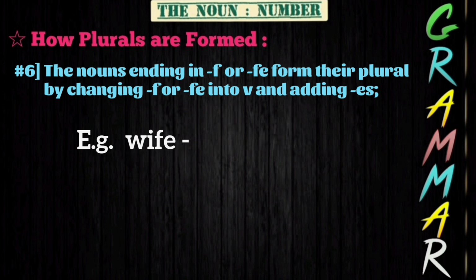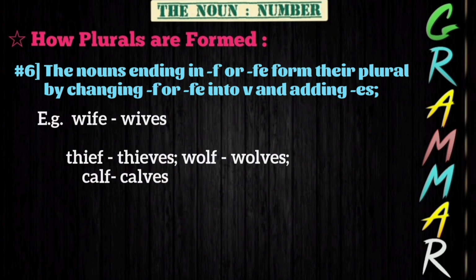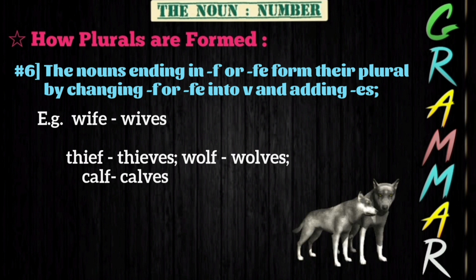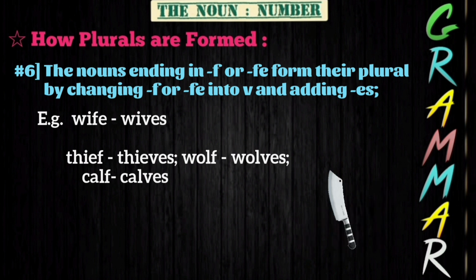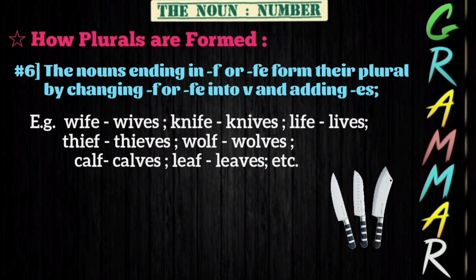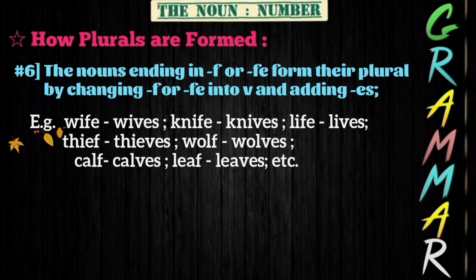So the plural of wife is wives. And if a word is ending in F, then also we have to do the same. For example, the plural of thief is thieves, the plural of wolf is wolves, the plural of calf is calves, the plural of knife is knives, the plural of leaf is leaves, the plural of life is lives.